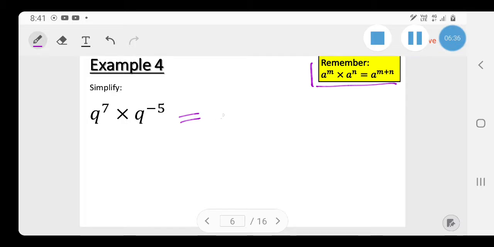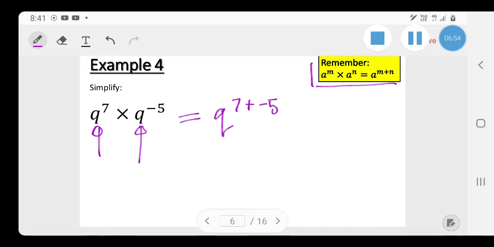So the rule says we write down the base once because the bases are the same, so our rule will work. And we add the powers. Well, 7 plus minus 5.